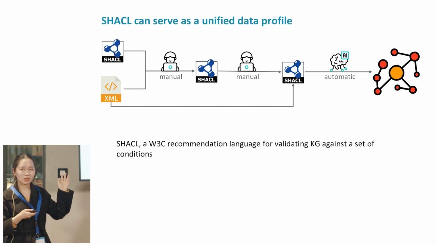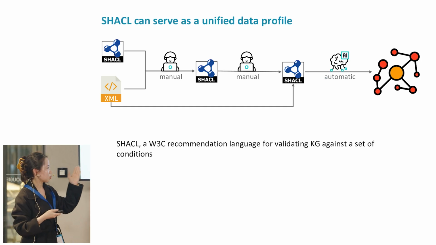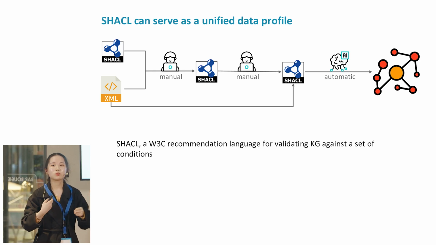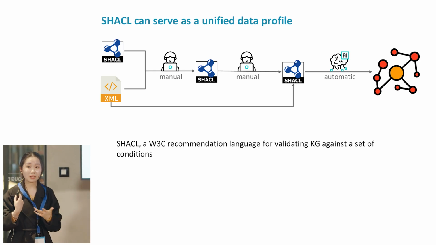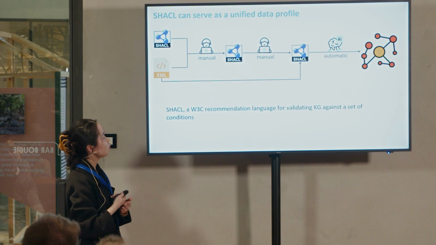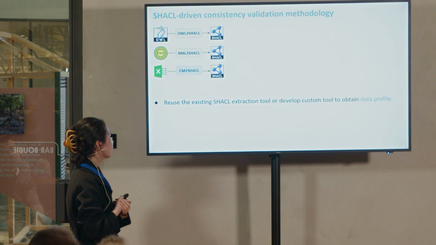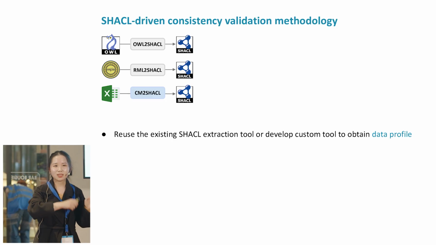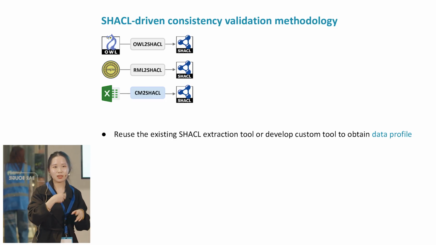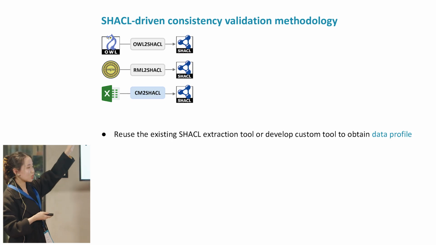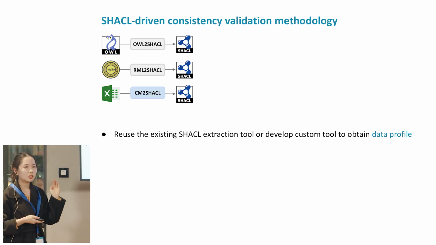We assume that SHACL, a W3C recommendation language for validating knowledge graphs, is a very good language for us to use as a unified data profile. So our methodology is, first, because we want to translate every data format involved in the process into SHACL, we need translators.